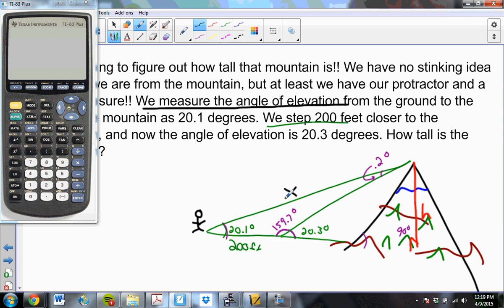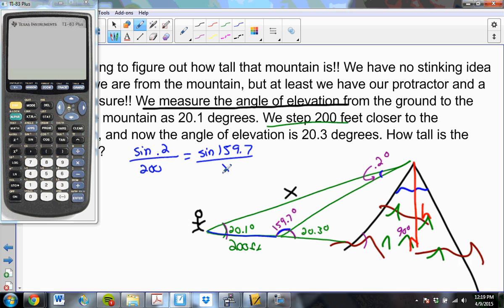And now that I have a bunch of known angle measures and sides, I can do this using the law of sines. So if I take the 0.2 degrees and the 200 feet, there's an angle-side pair. So I know that the sine of 0.2 over 200 is going to equal, and now I can do the 159.7, the sine of 159.7 over x.